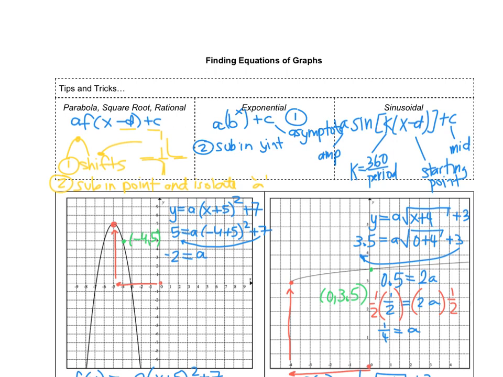So sub in y-intercept to solve for a. Then your next step is sub in another point to find your base.